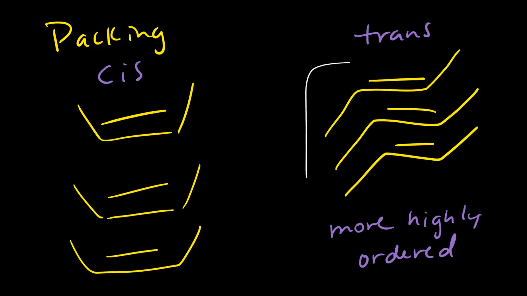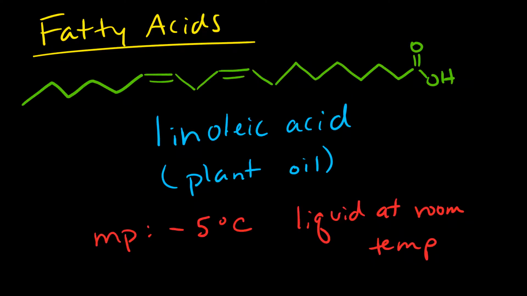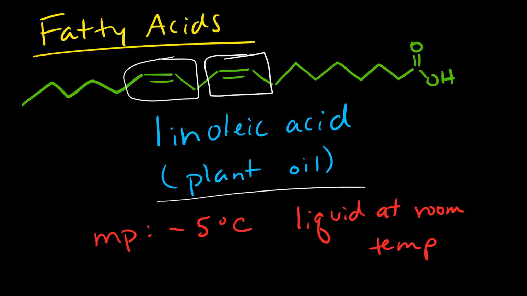The trans can pack together much more tightly, so you get a more highly ordered crystal structure, and that's going to lead to a higher melting point. You can see how having a cis geometry within a larger molecule can affect the melting point of that molecule. So let's take a look at this plant oil, linoleic acid. Notice that there are two alkene moieties there that are both cis in nature.